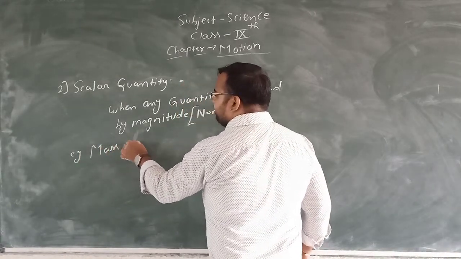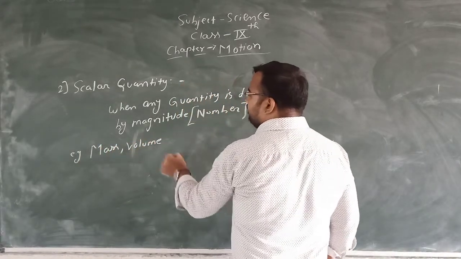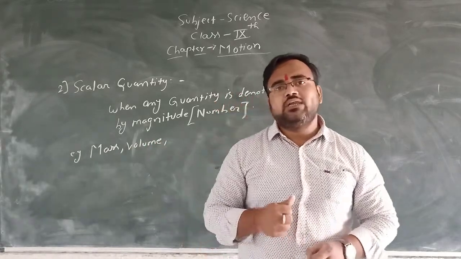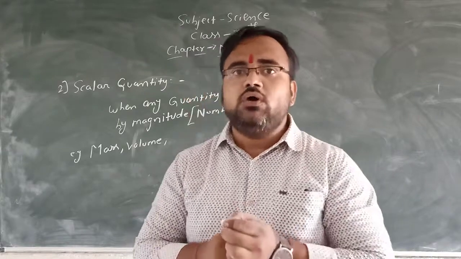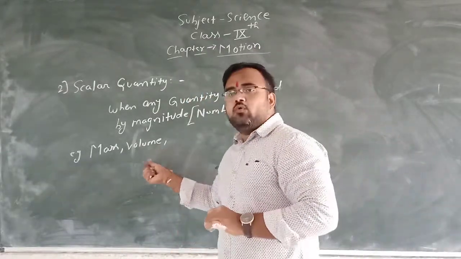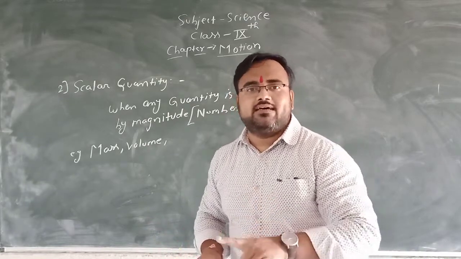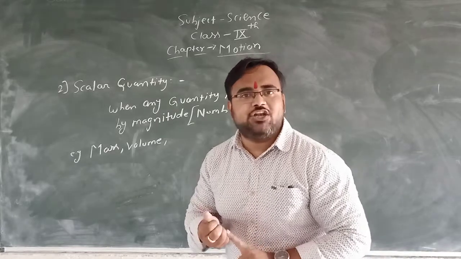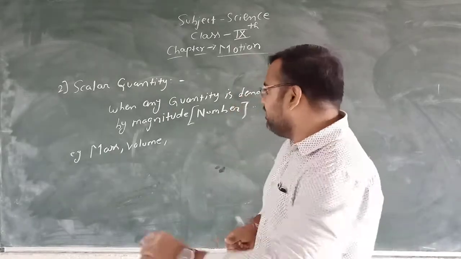Okay, we can say volume. For example, I have 2 liters of milk. Then I am denoting the volume only by 2 liters. That means I am denoting it only with the help of magnitude. Magnitude means number.